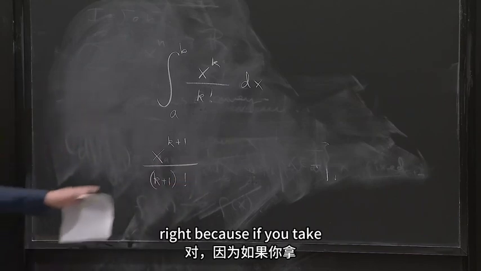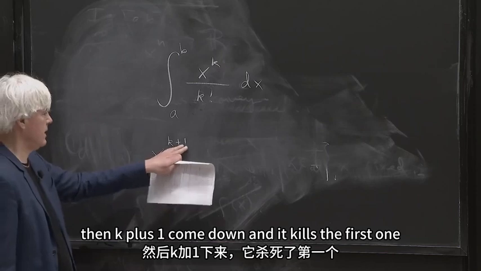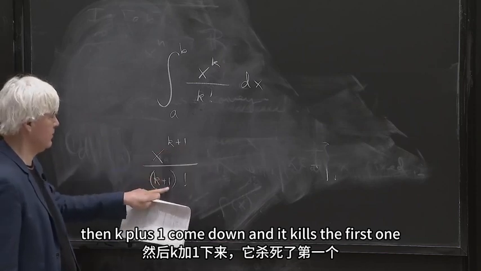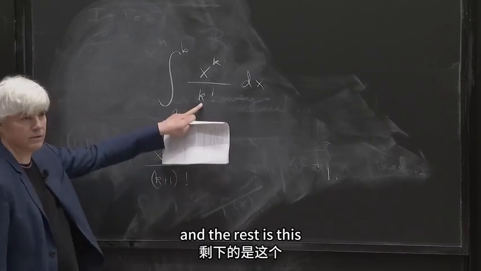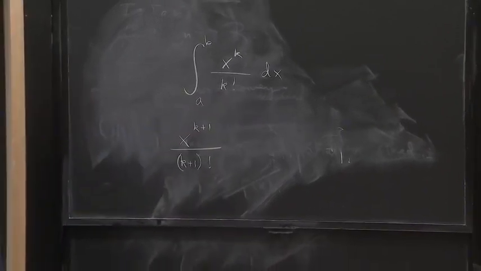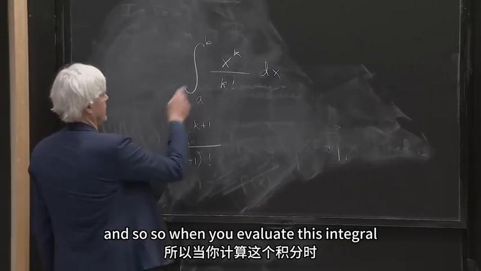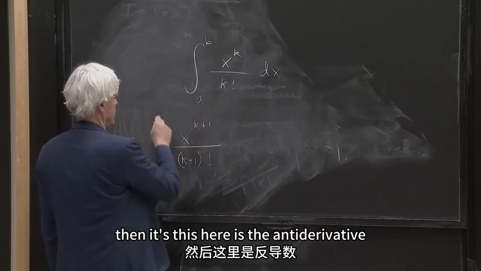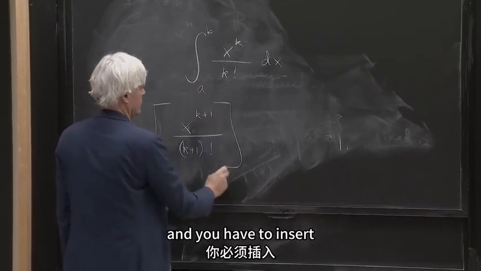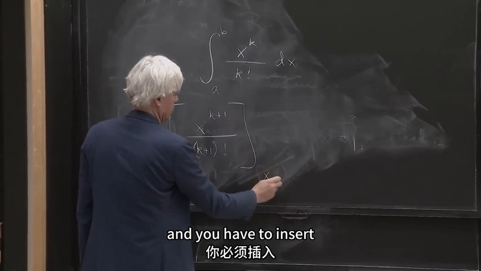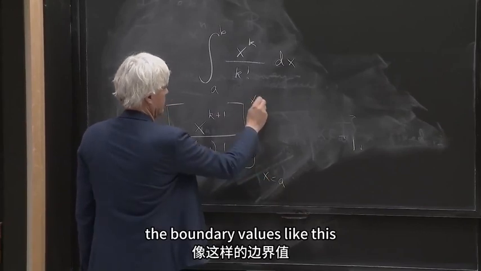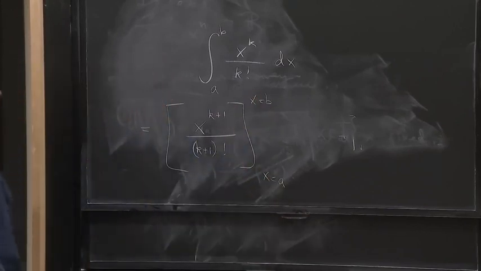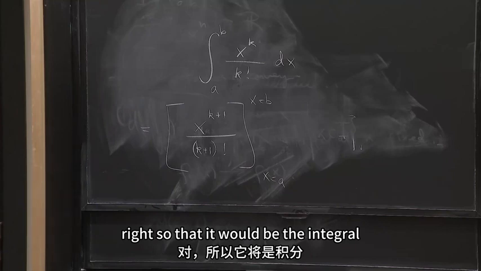Because when you take the derivative, k plus 1 comes down and it kills the first one, and the rest is this, right? And so when you evaluate this integral, this is the antiderivative, and you insert the boundary values like this, so that it would be the integral.